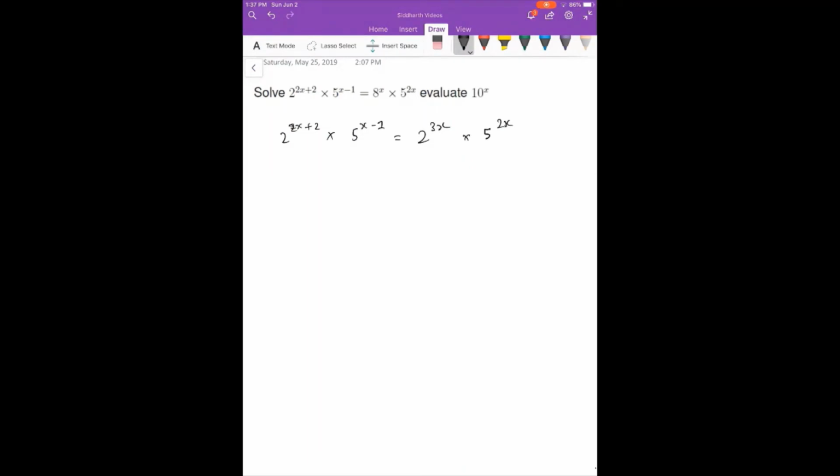Now, let's split up the terms in the right hand side. We get 2 to the power of 2x into 4 into 5 to the power of x over 5.